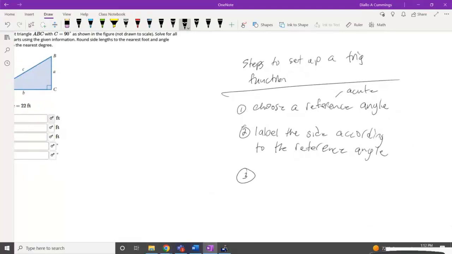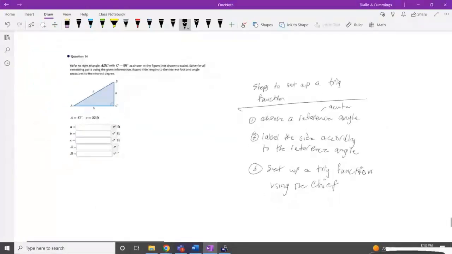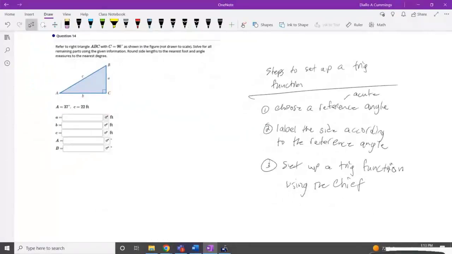The third thing we want to do is set up a trig function using the chief. I'm going to just put it that way. So it's really just 3 steps. Choose a reference angle, label your sides, set up the trig function.